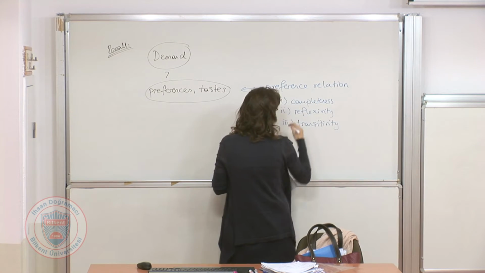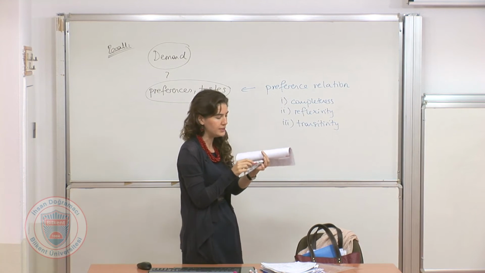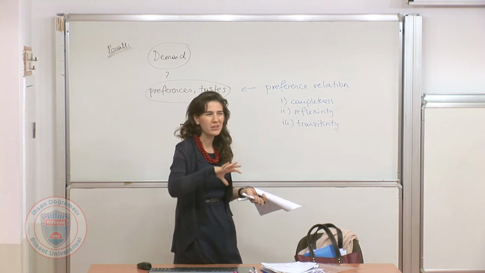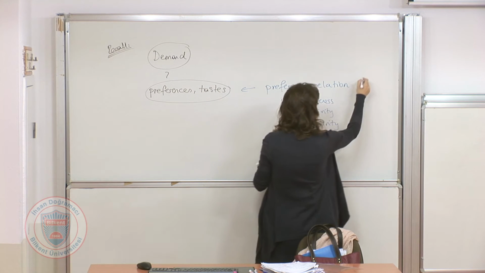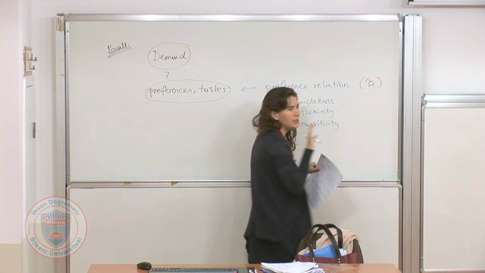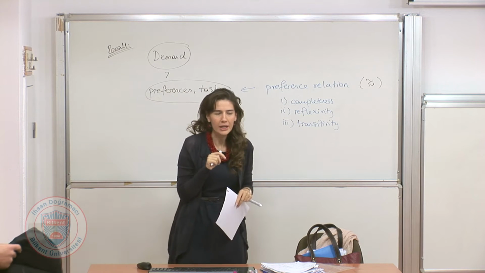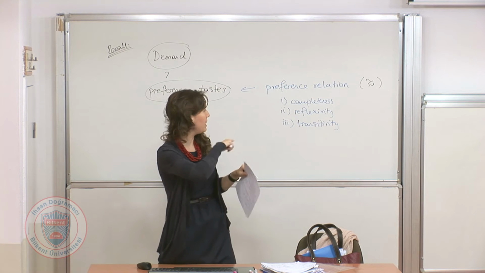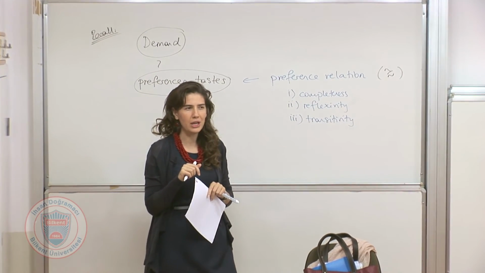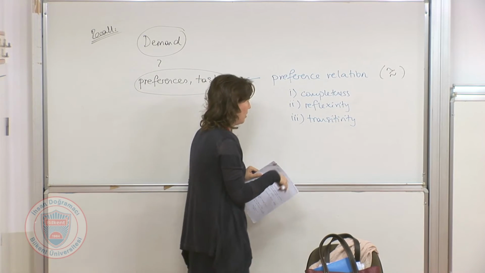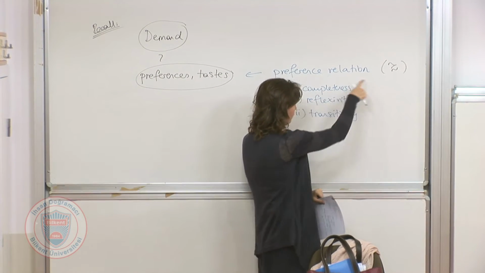And then remember we defined the preference relation, this wiggly greater than or equal to sign, and we try to write everything in terms of it. We try to represent everything using this.